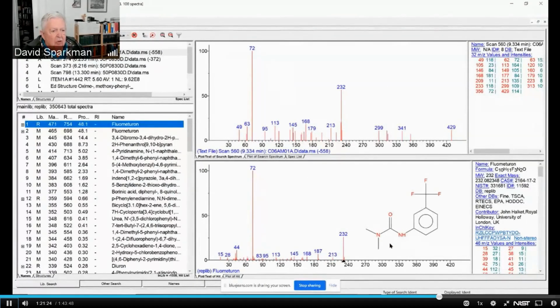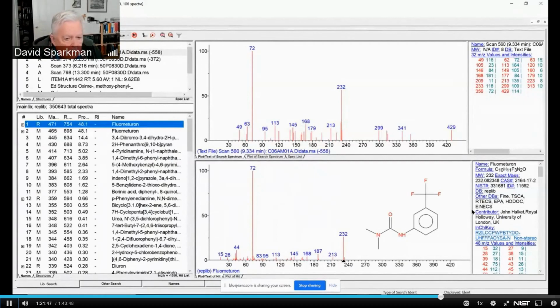So this could be an answer, but this is really not very good in terms of coming up with an answer. So what I'm going to do is I'm going to see what I can do with AMDIS with this. All right.